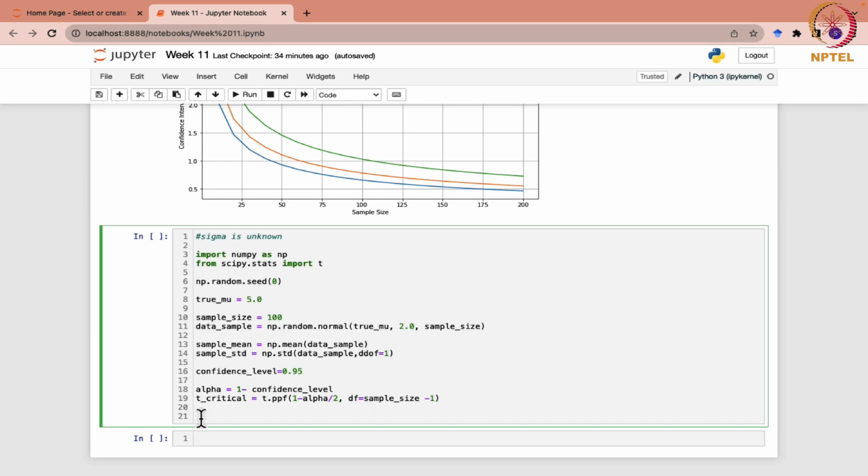Right, now you can calculate the margin of error, MOE. This one would be t critical into the sample standard deviation, s by root n, so let me use np.sqrt of the sample size.